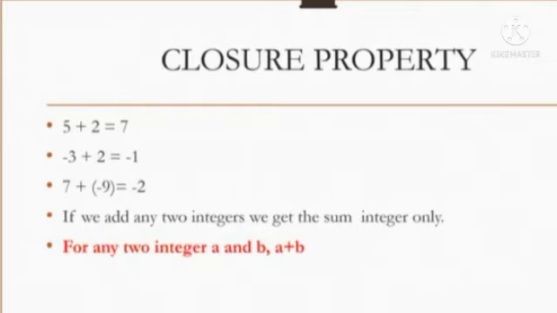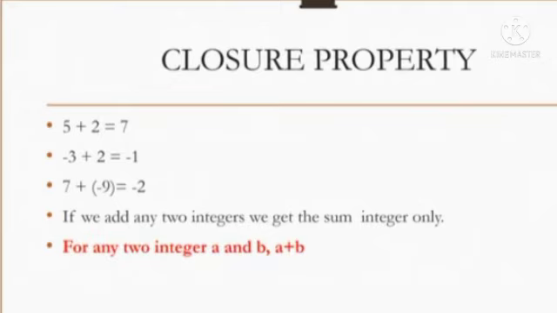Now we also discuss the properties of integers. Now we take properties of integers under addition. First one is closure property. Let's see some examples for addition of integers. 5 plus 2 is 7, where 5, 2, 7 are integers.